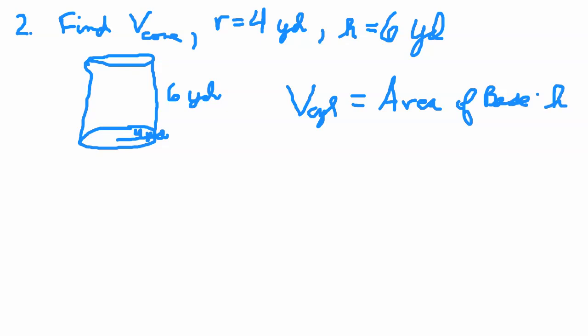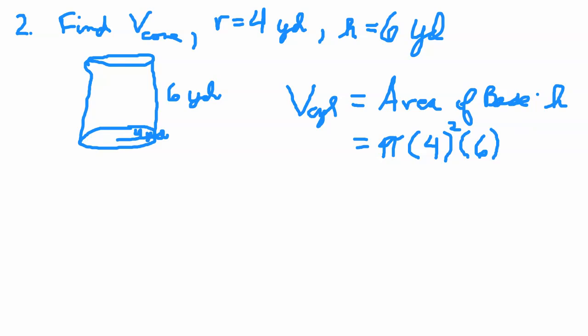In this case, our base is a circle with a radius of 4 yards. The area of a circle is pi r squared, so we do pi times our radius squared, that's the area of our base, times the height. Our height is 6, so times 6.